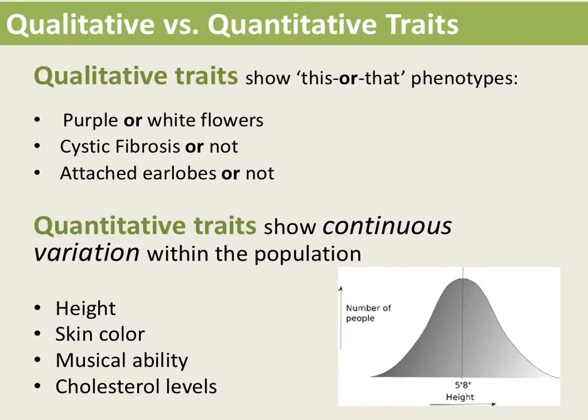Okay, and then this is what I just showed. 5'8" is the mean. Now, just so you know, height, there's actually differences between males and females. So if you put all the males and females together, you would see something exactly like this, right?